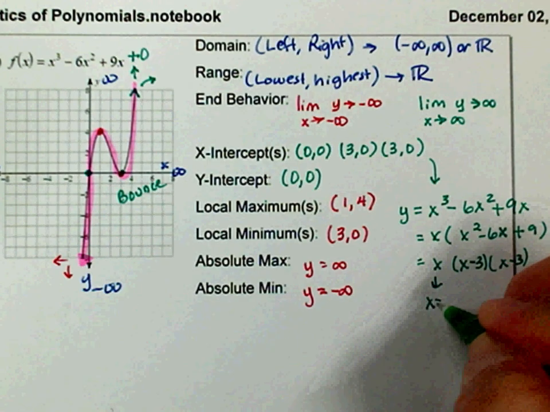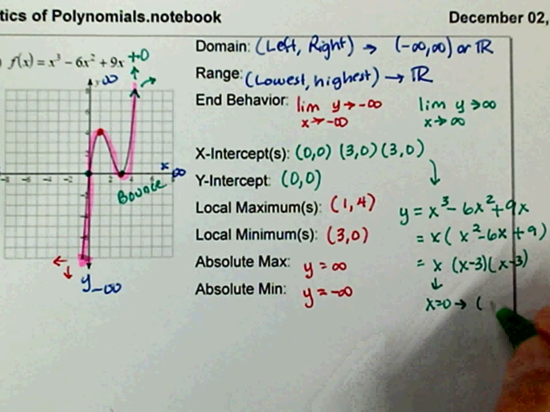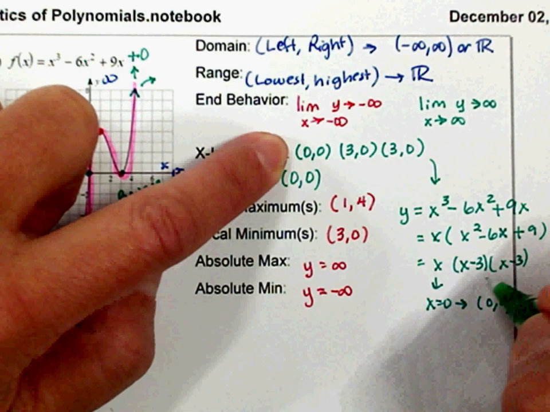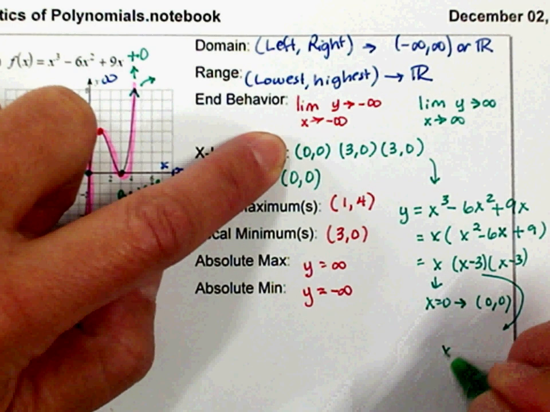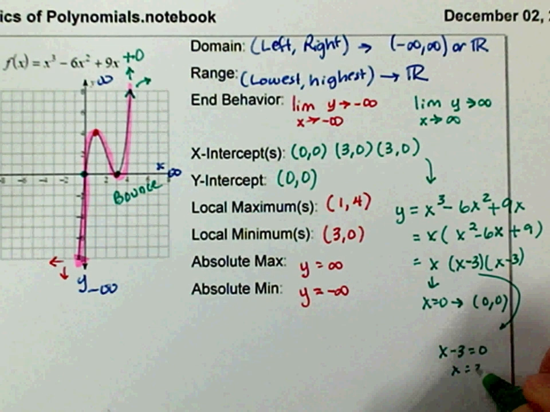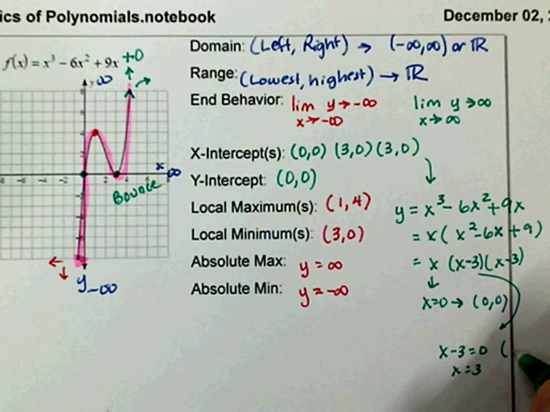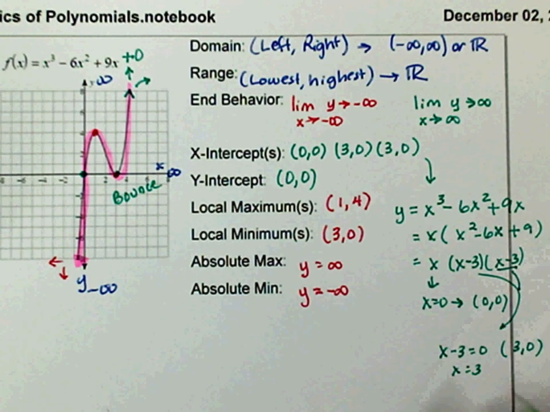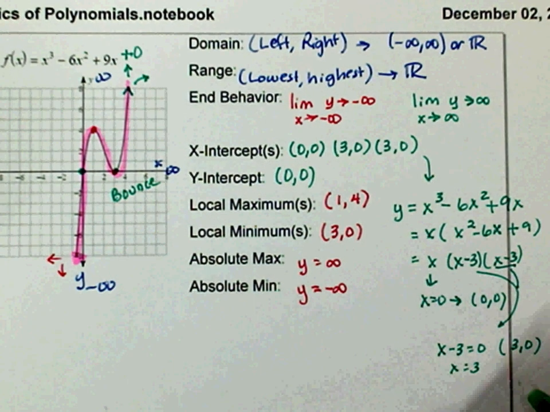Set this one equal to 0, so this is 0, 0. Set this one equal to 0, so x minus 3 equals 0, x equals 3. So here it is going to be 3 comma 0. Same thing as that one. Okay? So that's why you have a multiplicity of 2.